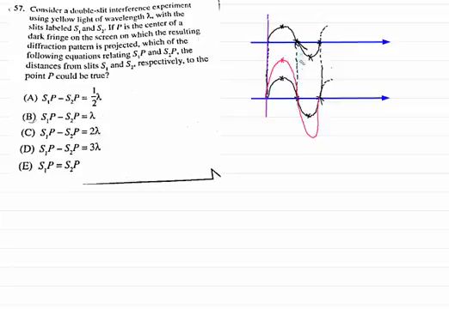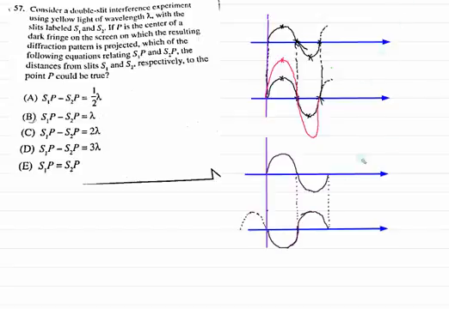Now, what happens in a different scenario? We have one wave travelling in this direction.